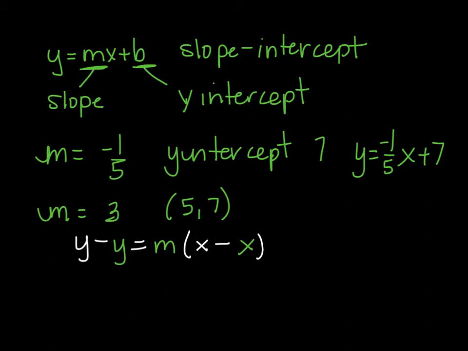So I'm just going to take my m and plug it in for m, my x and plug it in for x, and my y and plug it in for y. So I will get y minus 7 equals 3 times x minus 5. And if I was asked to write it in point-slope form, I would leave it right like this.